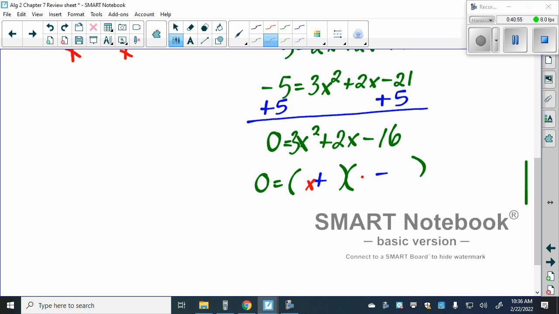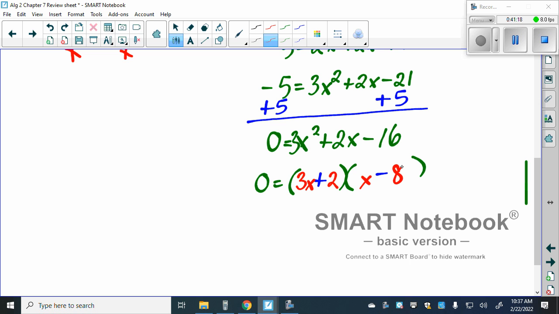Well, for the factors of 3x squared, we will have x, and we'll need one of them to be a 3x. Throw it in the first one. Factors of 16 are 1 and 16, 2 and 8, 4 and 4. 2 and 8, we can do 2 and 8.